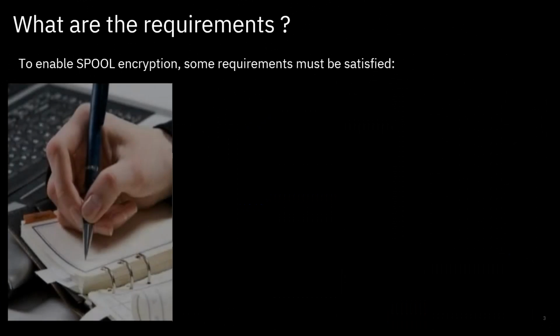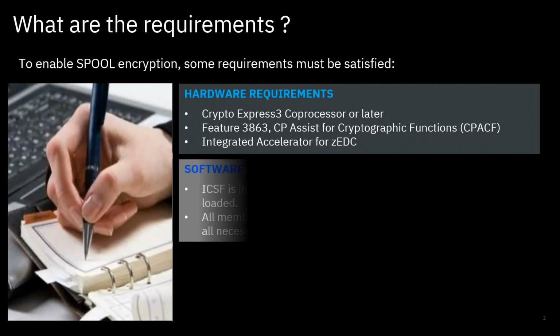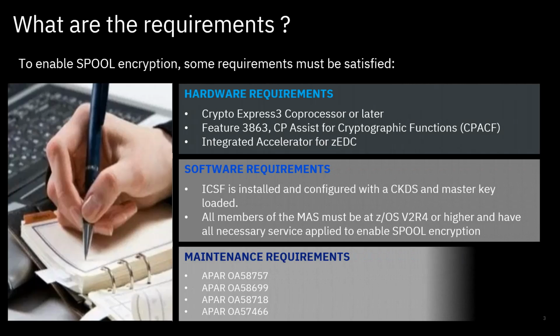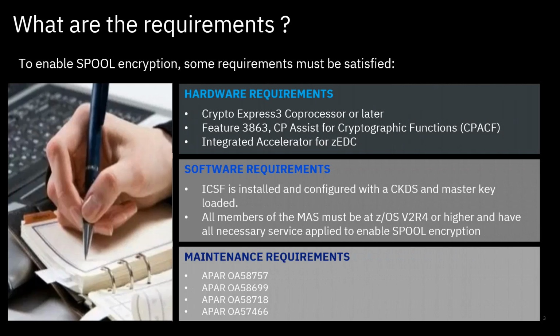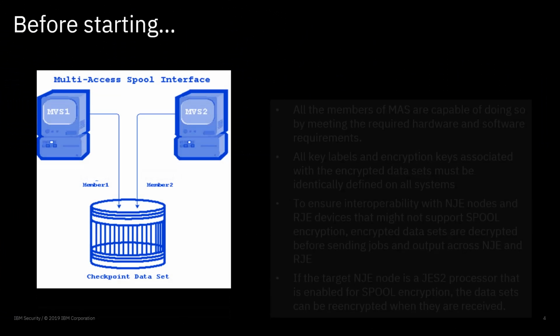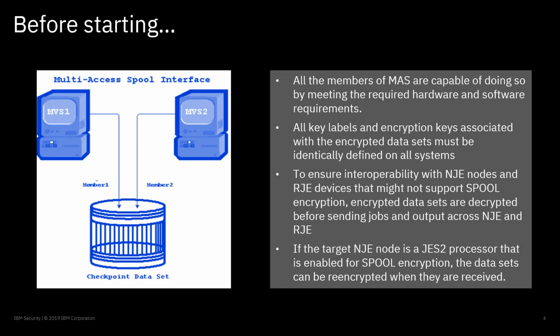There are some requirements that must be satisfied for spool encryption, such as hardware requirements, software requirements, and maintenance requirements, as described in this slide. Before starting with spool encryption, you must consider that all systems with members participating in the JES2 MAS configuration must satisfy the hardware and software requirements.